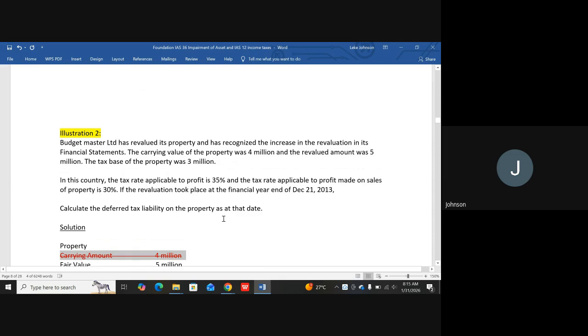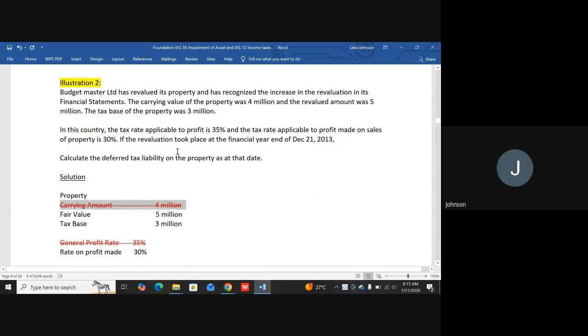Now, we normally compare the carrying amount of an asset with the tax base. But in a question whereby you are given the revalued amount of an asset, please do not continue with the carrying value. Rather, go for the revalued amount. It means that the amount is a certain amount in our books, but they called a valuer.